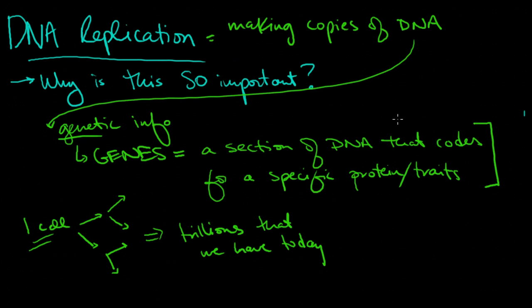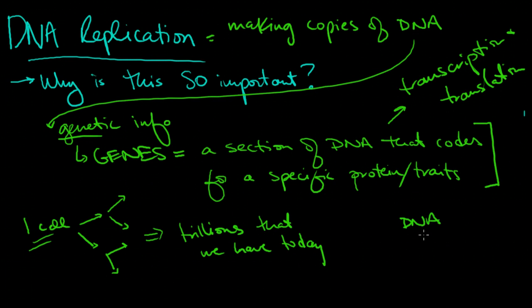And remember that proteins are made through the process of transcription and translation. DNA's message gets converted to RNA's message, which gets converted into proteins by putting amino acids together.